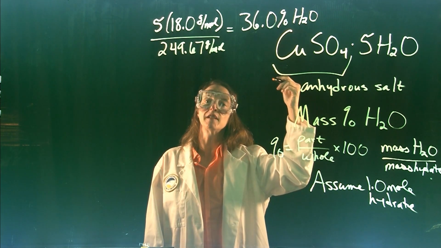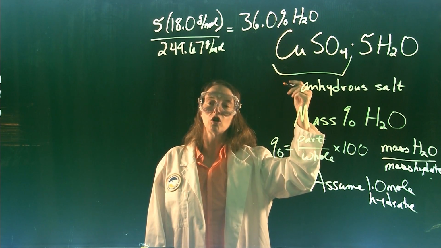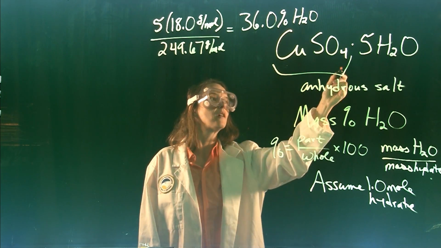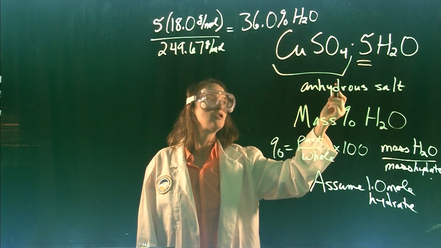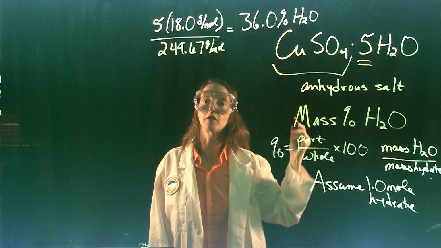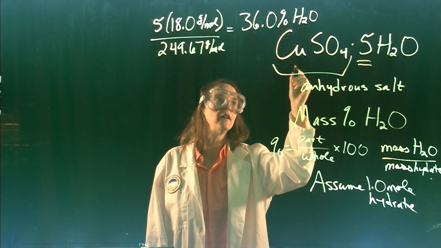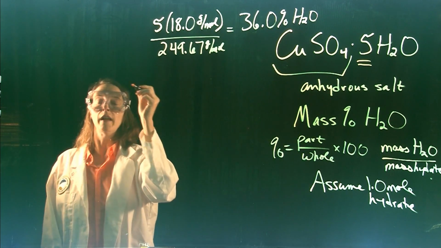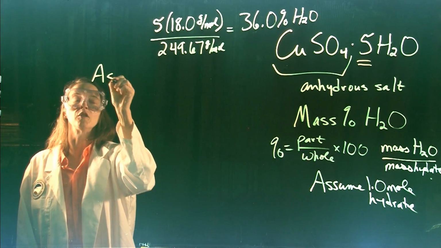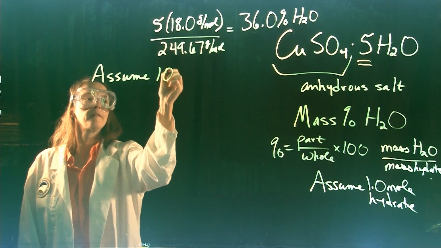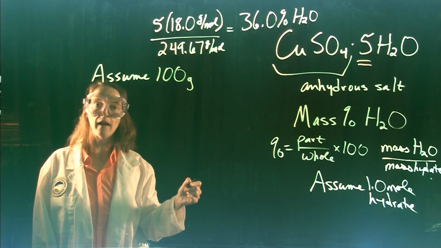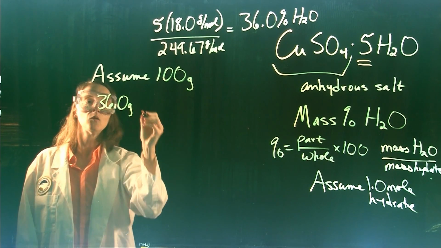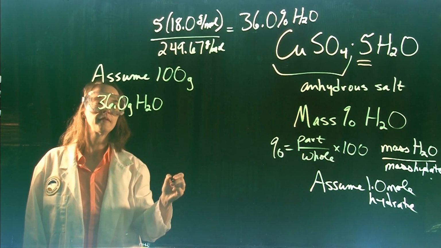Now we could turn this around and look at how knowing the percent of water will allow us to go back to the number of water molecules that are in the hydrate compared to the number of anhydrous units. If we assume now 100 grams of compound, then we would say that 36 grams would be due to water.